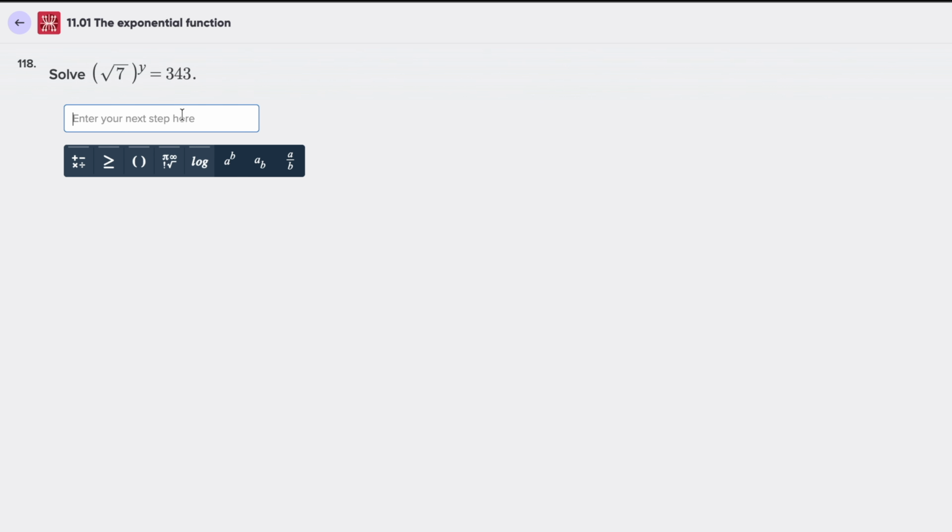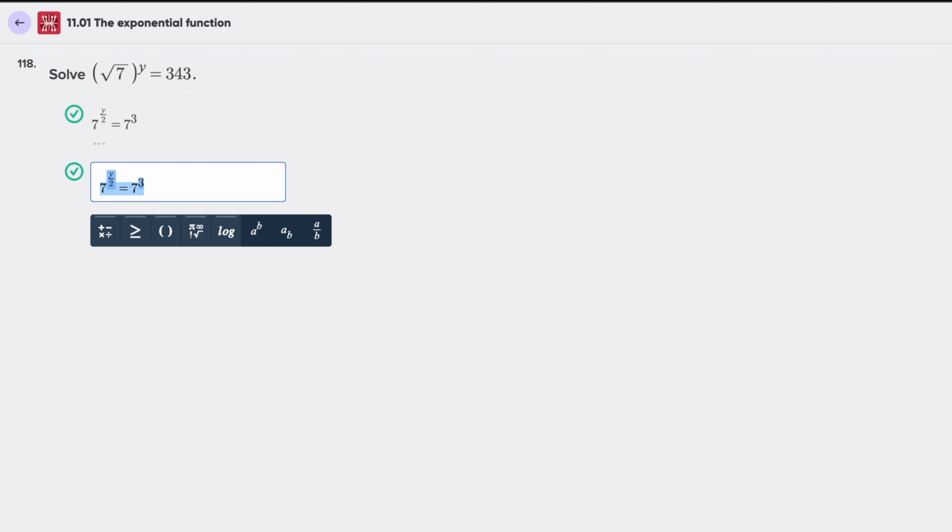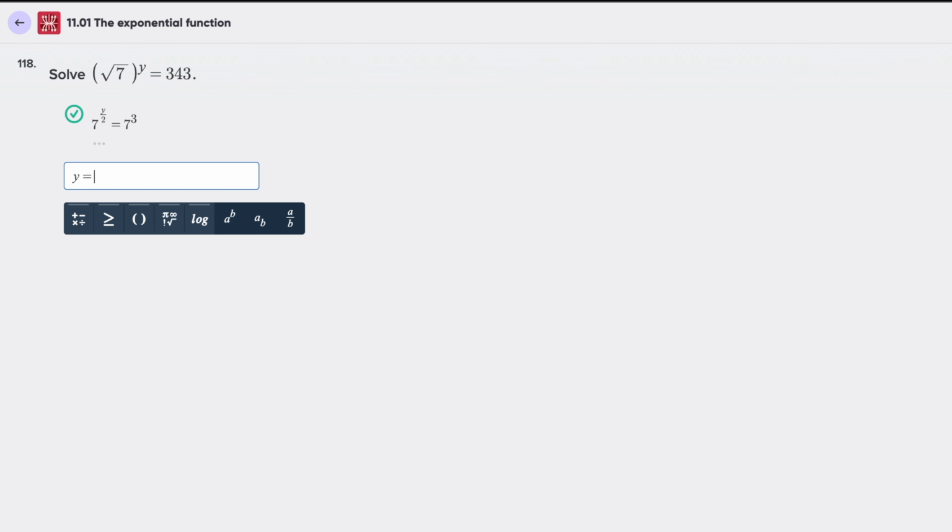So square root of 7 is 7 to the power of 1 over 2, and that times y is equal to 7 to the power of 3. Y over 2 is equal to 3, which means y is equal to 6.